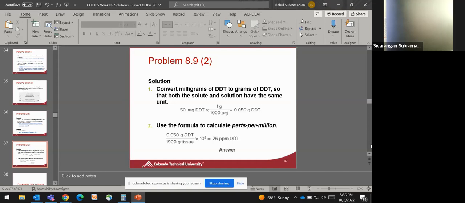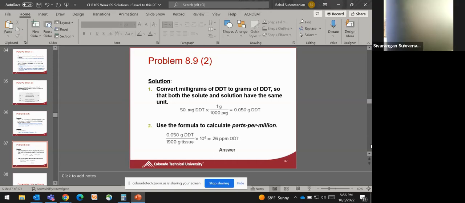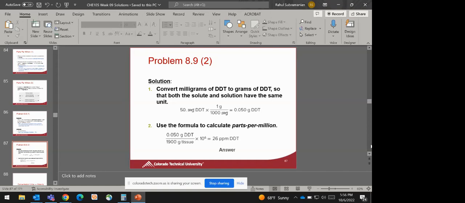The million is 10 to the power 6, right? If you don't do the 10 to the power 6 and divide 0.05 by 1900, you will get 0.00026, which is awkward to talk about. You can easily say 26 ppm, and parts per million implies that you have 10 to the power 6. Cool.